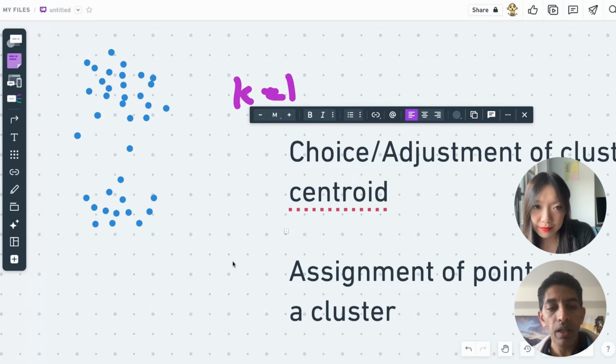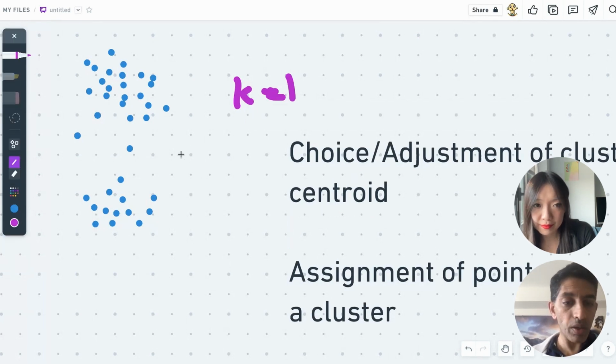Right. So when we choose K equal 1, when we specify K equal 1, we randomly choose a point, and we choose this to be the centroid initially. Then we compute the distances to each of the data points, right?